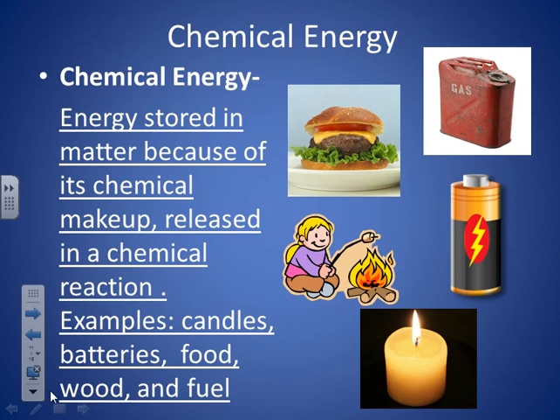Gasoline has stored chemical energy because it came from living things that lived millions of years ago, and that chemical energy is released when it is burned. Batteries. Wood has stored chemical energy. Candles have stored chemical energy.